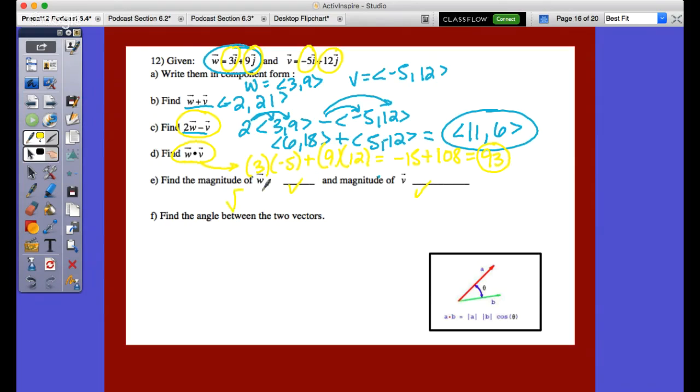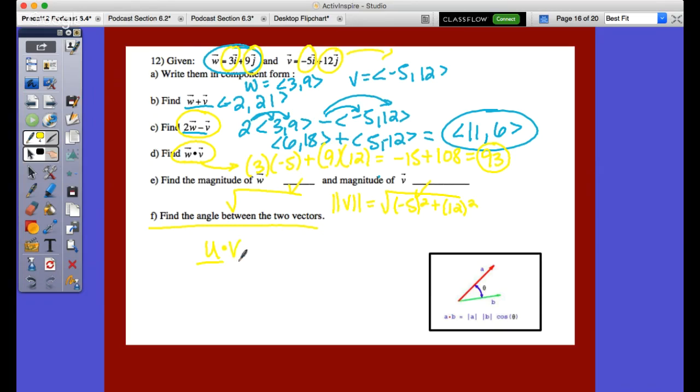Just make sure that when you take the square root, you keep the negative inside the parentheses. So for V, if I did the magnitude of V, 2 lines around, it's the same thing. That would be the square root of -5 squared plus 12 squared, okay? And just make sure you do that as well. And then the angle between the two vectors, you go ahead and try it.